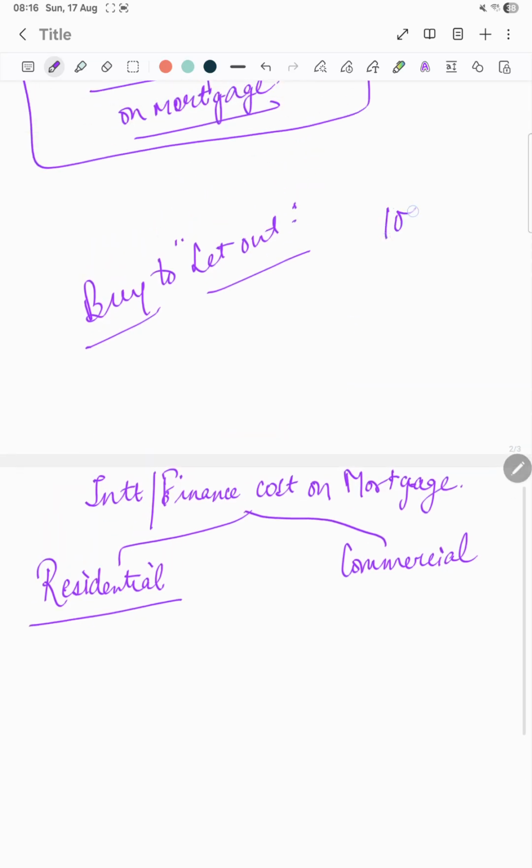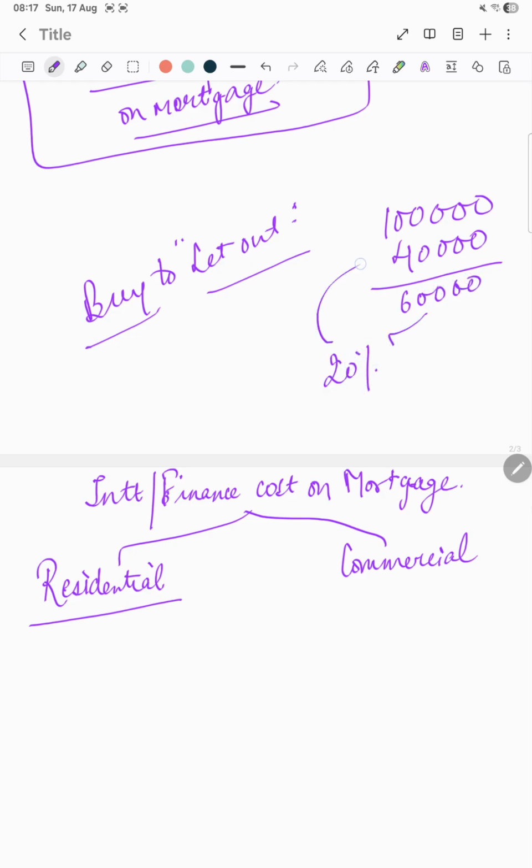Let's say £100,000 is the rental income and £40,000 is the interest or finance cost. Now, the basic rate taxpayer will get only 20% benefit on this 40,000, which means 8,000.